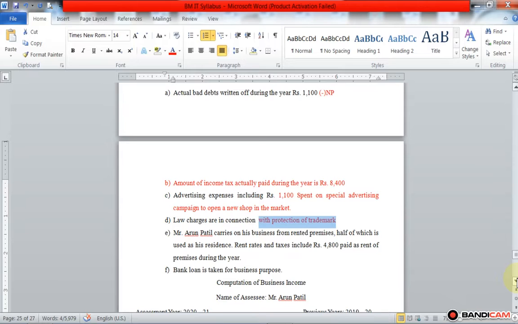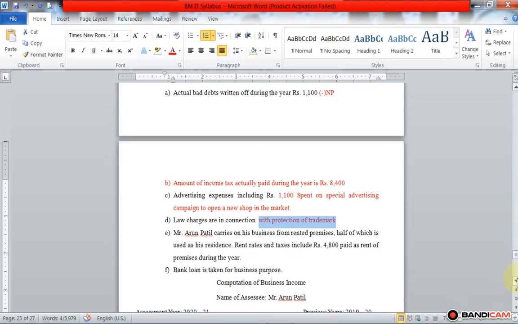Rent is paid for the whole premises, so half of the rent relates to residence and half to the business premises. The residence rent is disallowable, as it is a personal expenditure.